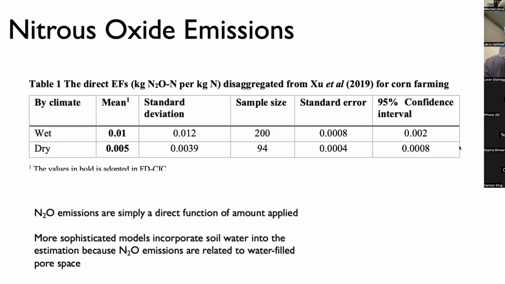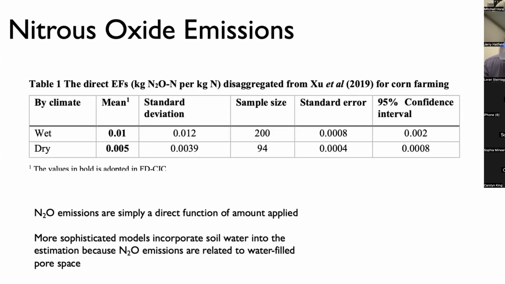So now we get into some of the pieces in these puzzles: the nitrogen fertilizer that's put on there, and nitrous oxide, at 300 times in terms of greenhouse gas equivalents. A lot of work has been done over time looking at how much emission goes on per unit of nitrogen applied.